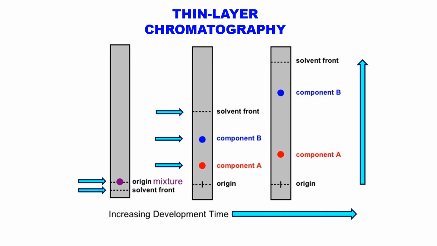With further increased time, component B moves still further. So in thin layer chromatography, the separation of the compounds is based on the competition of the solute and the mobile phase for the binding sites on the stationary phase. So this is a very simple and easy representation of thin layer chromatography.